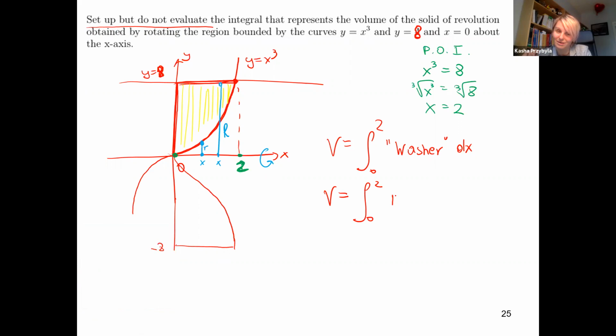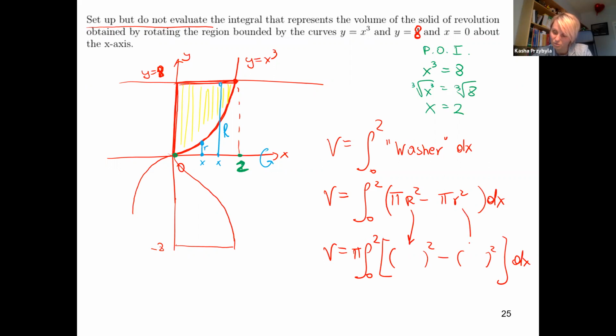It's like two circles. We have to take two discs, the big disc minus the small one: pi r squared minus pi r squared. From 0 to 2, I can put pi outside, and I need r squared minus r squared.